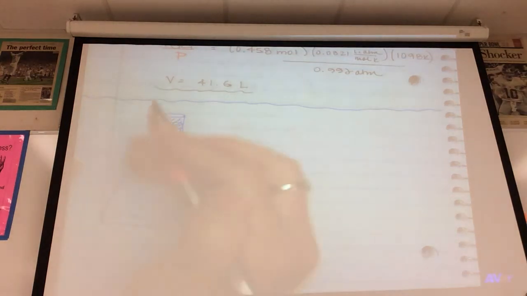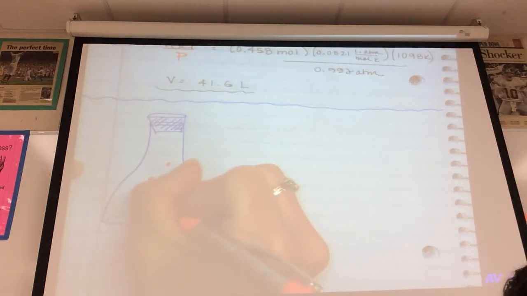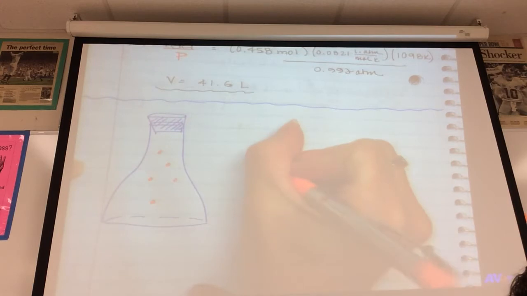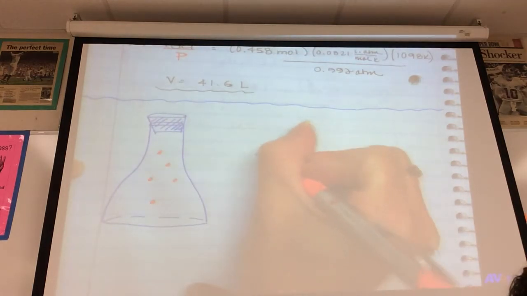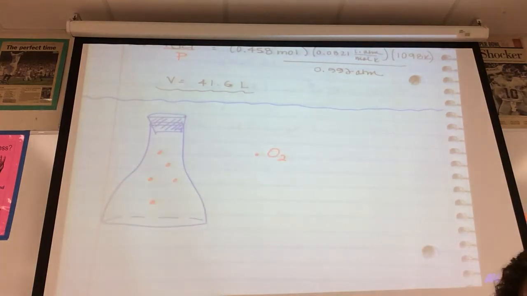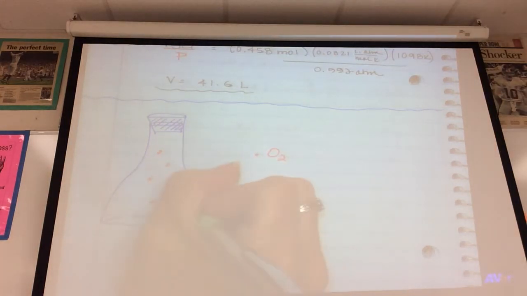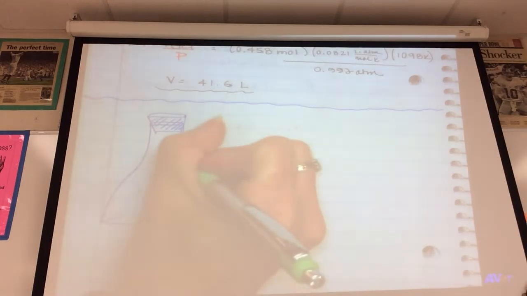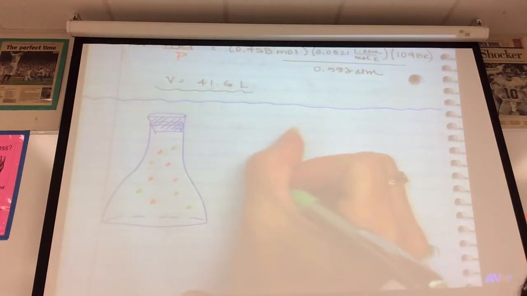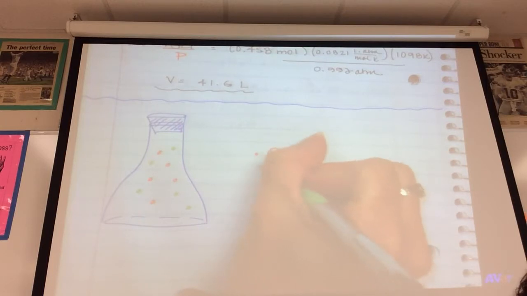For example, let's say that the orange circles represent oxygen gas, and let's say that the green circles represent, I'm going to use a noble gas because I don't want them reacting with one another, helium.